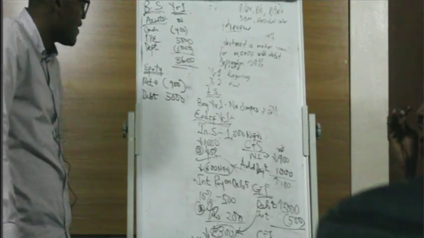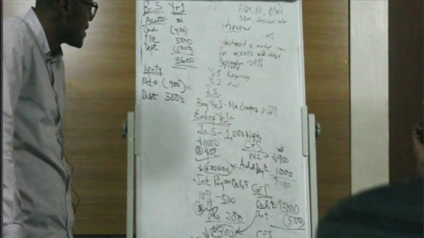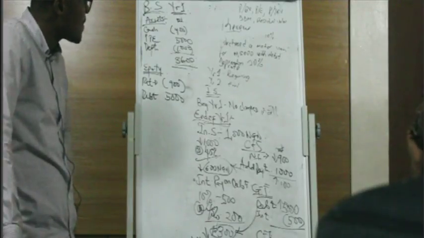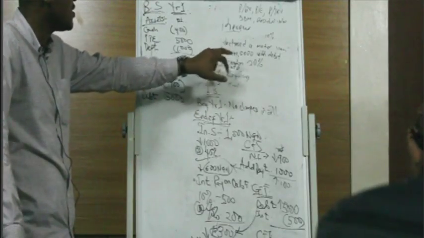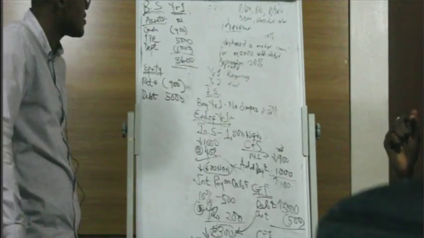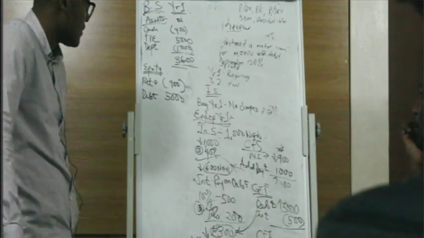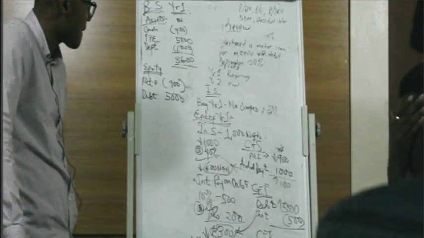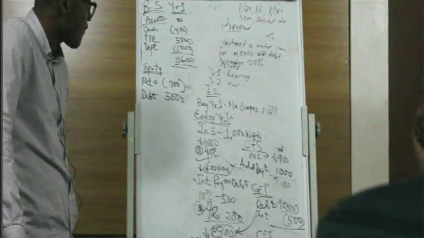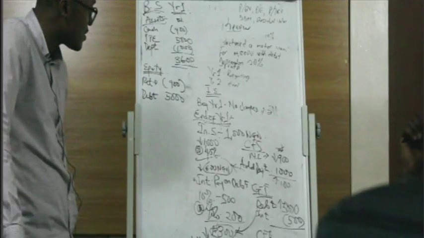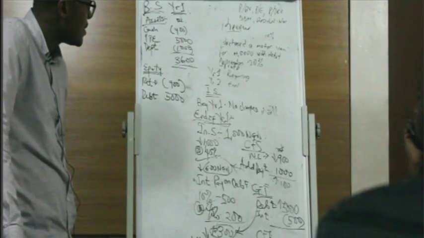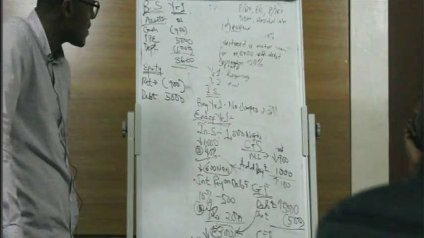Let me see. So income statement, beginning of the year. Because it's the beginning of the year, there won't be depreciation, there won't be interest on debt. End of year 1, interest. Depreciation is what? How many years?